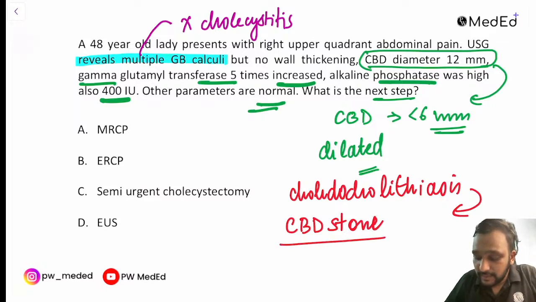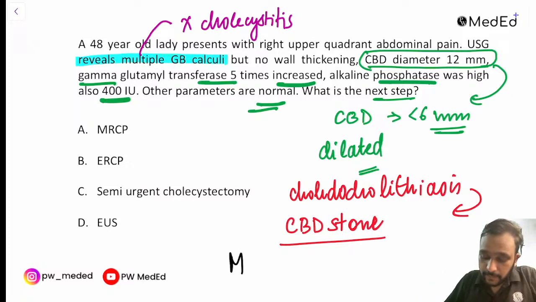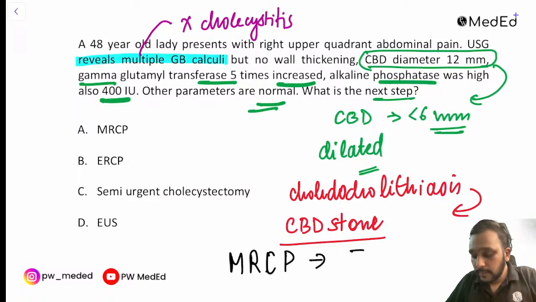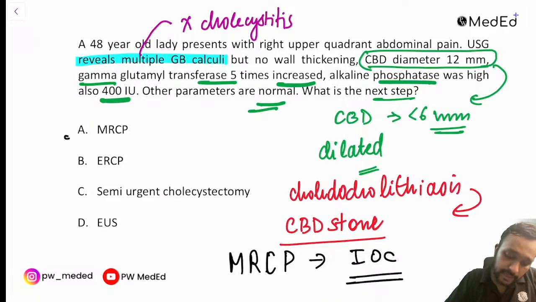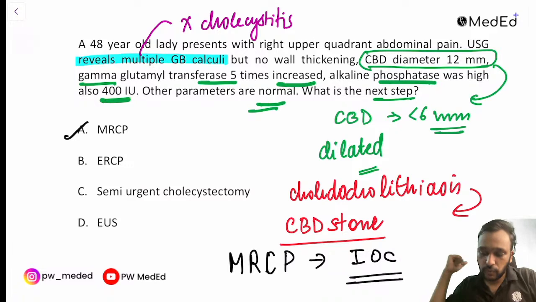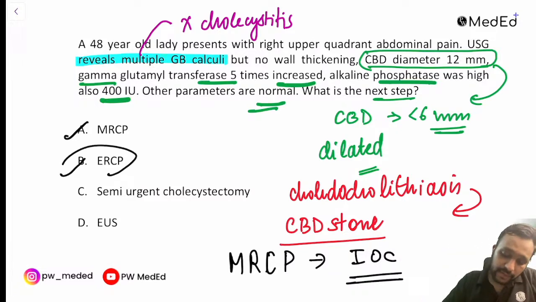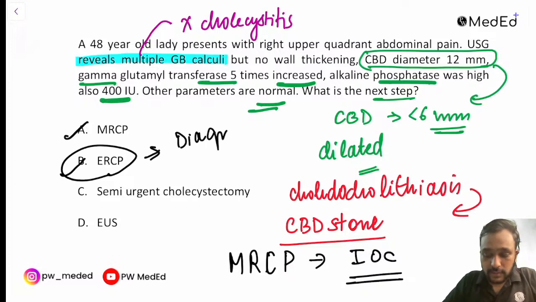What is the next investigation? What is the next step? We are going to confirm our findings, and the CBD stone is best diagnosed on MRCP, right? MRCP will confirm the findings of the CBD stone, and this will be our next step. As far as ERCP is concerned, ERCP is both diagnostic as well as therapeutic.